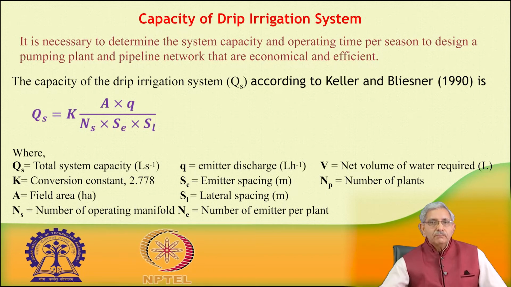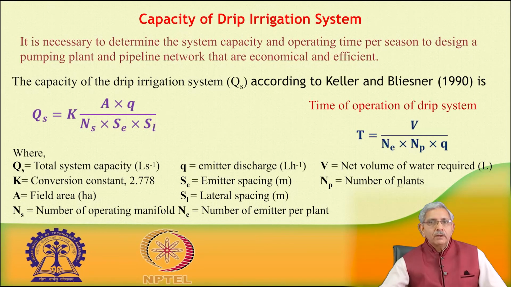So, we will get the value of this area, how much area is to be irrigated, the area of each individual plant, and then the total area, and the discharge is known, divided by the operating hours. Then one can know what the discharge will be. So, this will give the total system capacity.